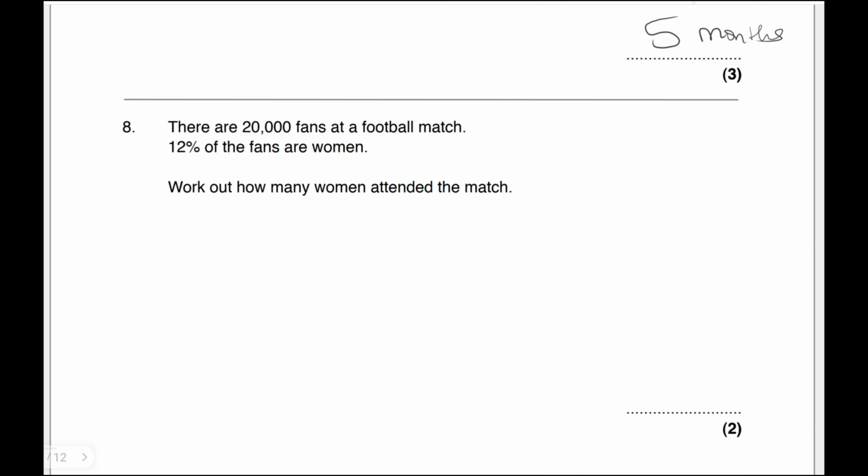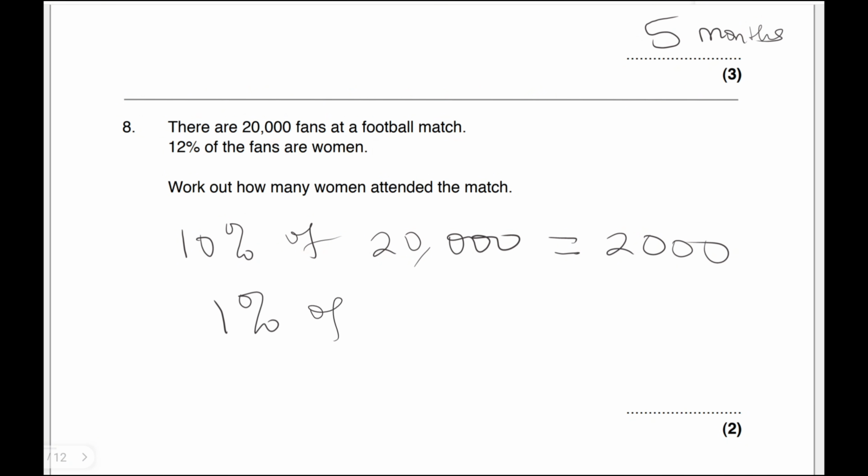There are 20,000 fans at a football match. 12% of the fans are women. So how many women attended the match? Simple. First of all, what is 10% of 20,000? That is equal to 2,000. So what will be 1% of 20,000? That will be equal to 200.